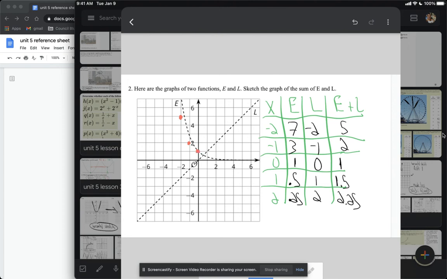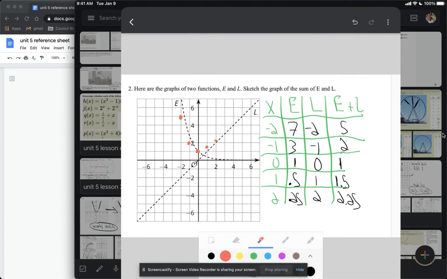So that's right here. At x equals 1, y is going to equal 1.5. So that will be about here. And at x equals 2, y is going to equal 2.25, which is about here.